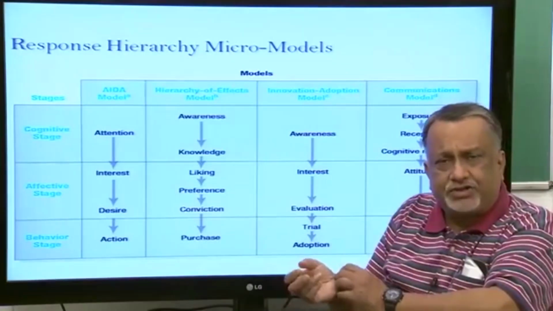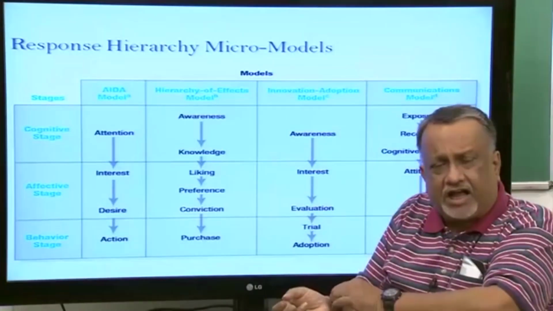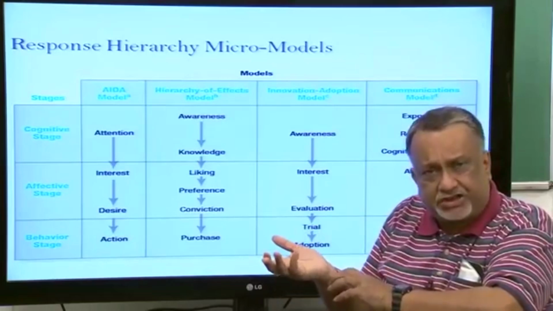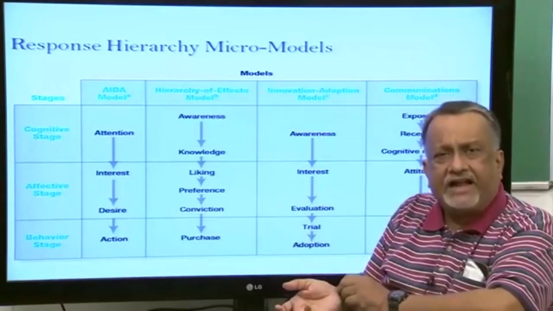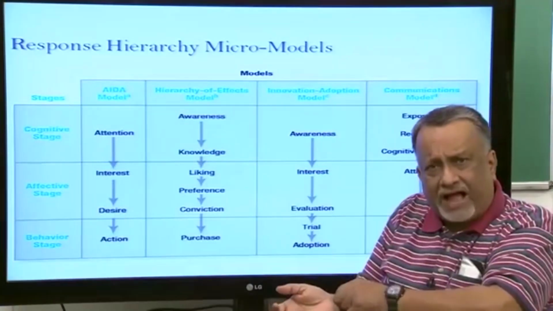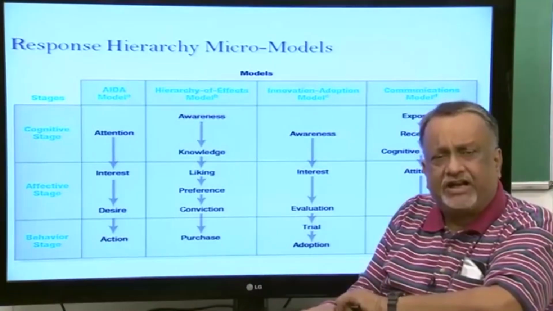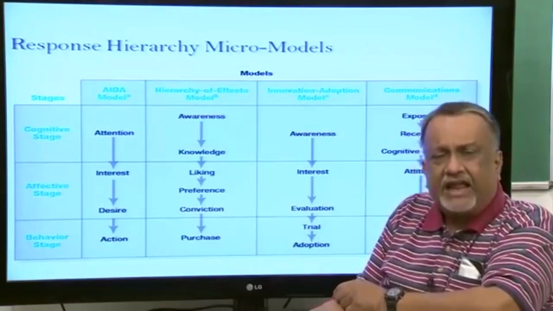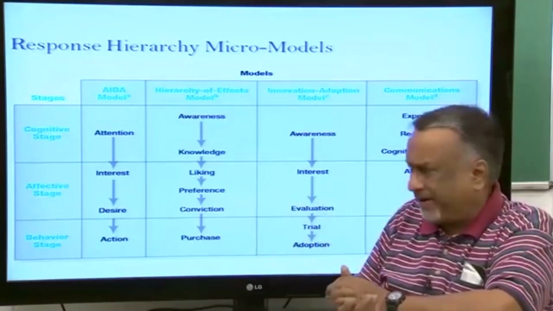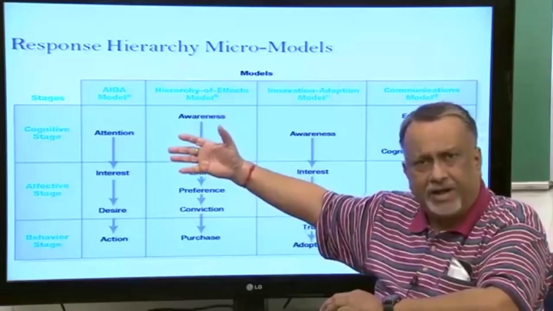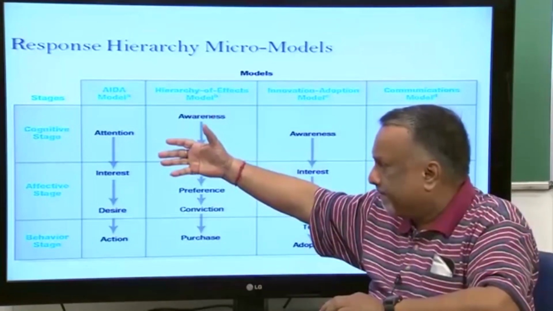Cognitive means where the appeal is to the rational self of the receiver, and the message also highlights the rational, logical, utilitarian, practical, factual aspects of the marketing communication part.